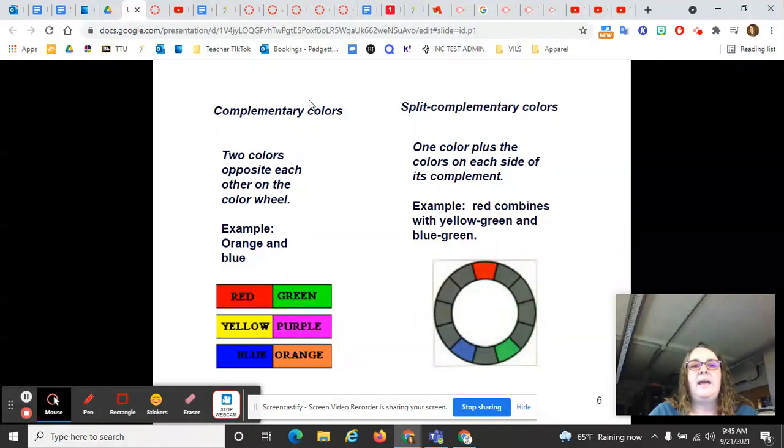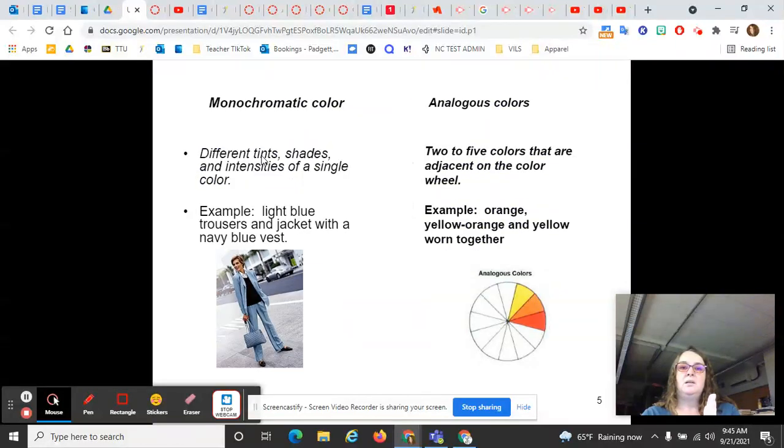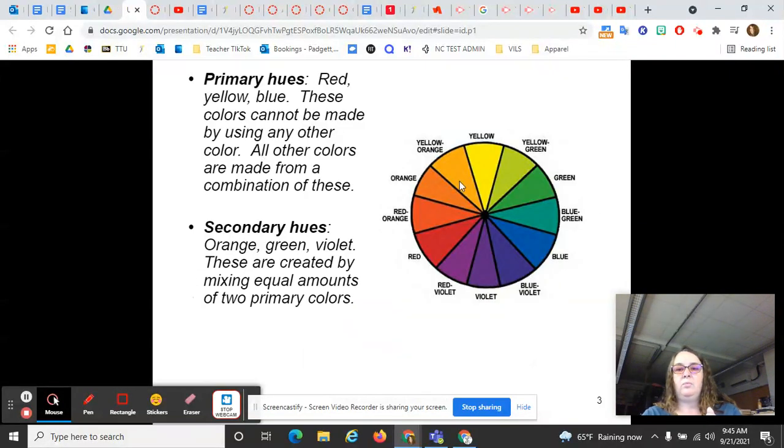All right, so next we have complementary colors. Complementary colors are colors that are directly across from each other on the color wheel. So if we go back and look at the color wheel, yellow and violet are directly across from each other on the color wheel.